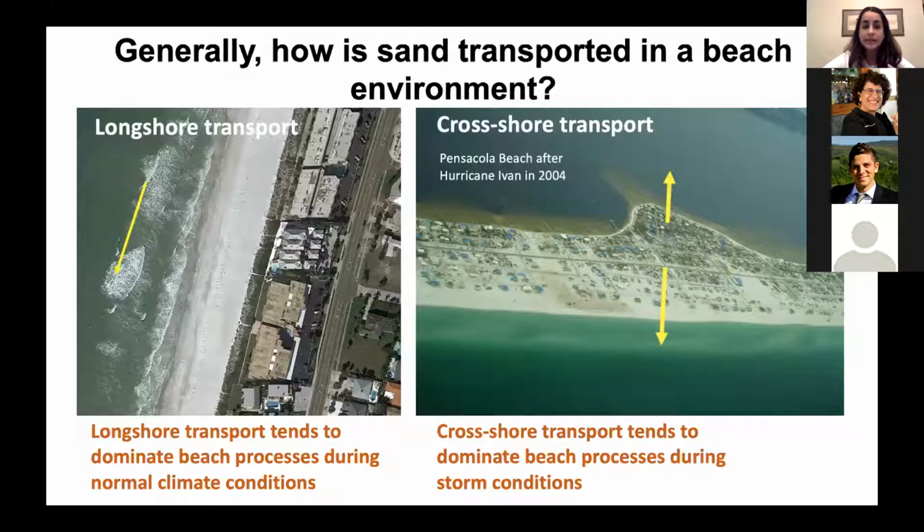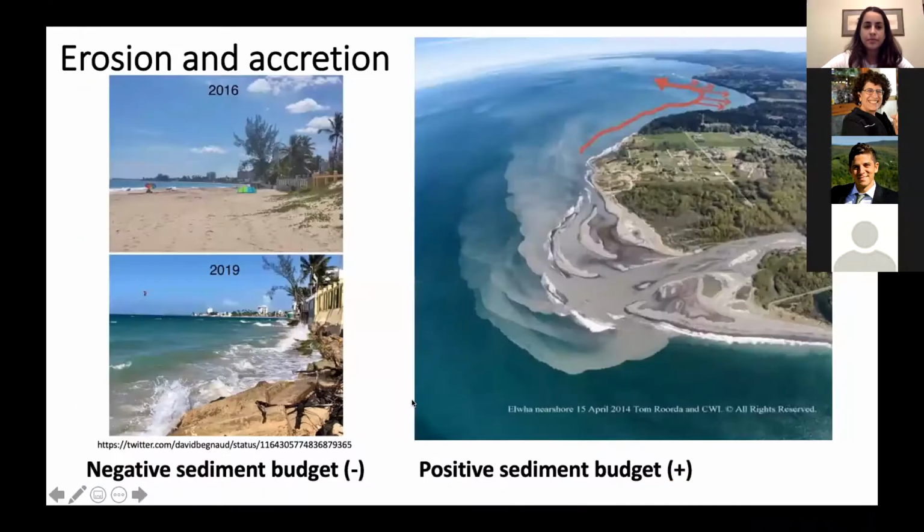And this has to do also with the sedimentary budget of a beach, and that is the amount of sand that it needs to stay constant, basically. And so if we have more sand coming off from the beach than coming onto it, we have erosion, meaning the beach is becoming smaller, as we can see in this picture from the coast of Puerto Rico.